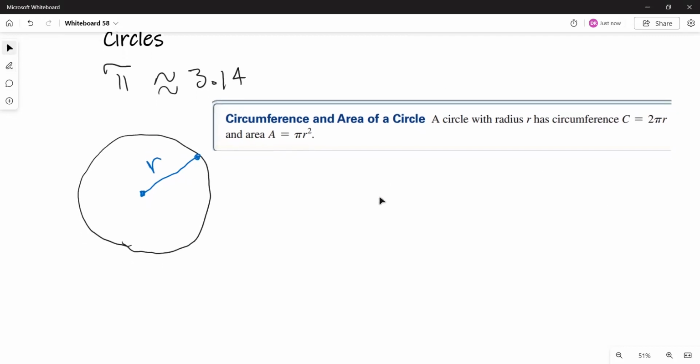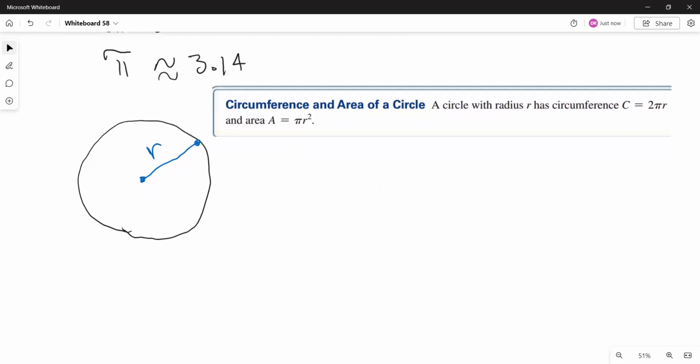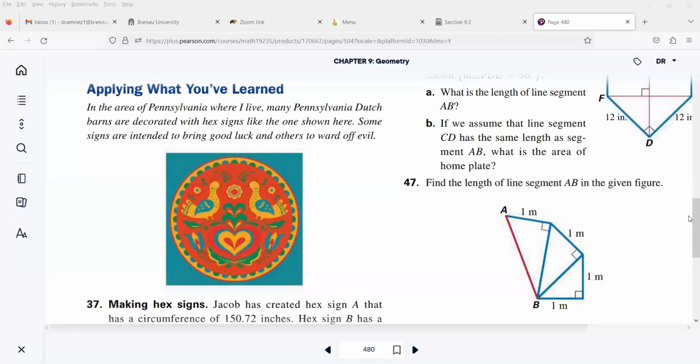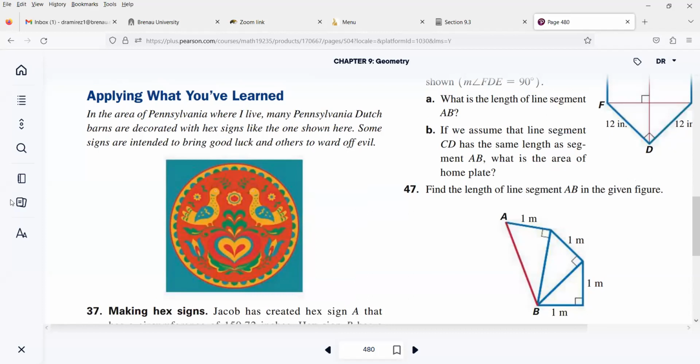So I'm going to finish this section with number 37 on page 480. I'm actually going to read first the part of the problem, and then I'm going to copy the problem.